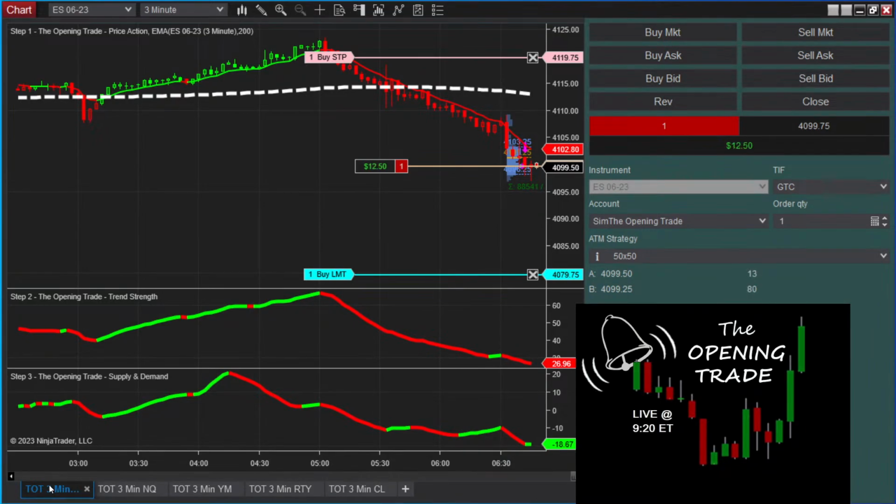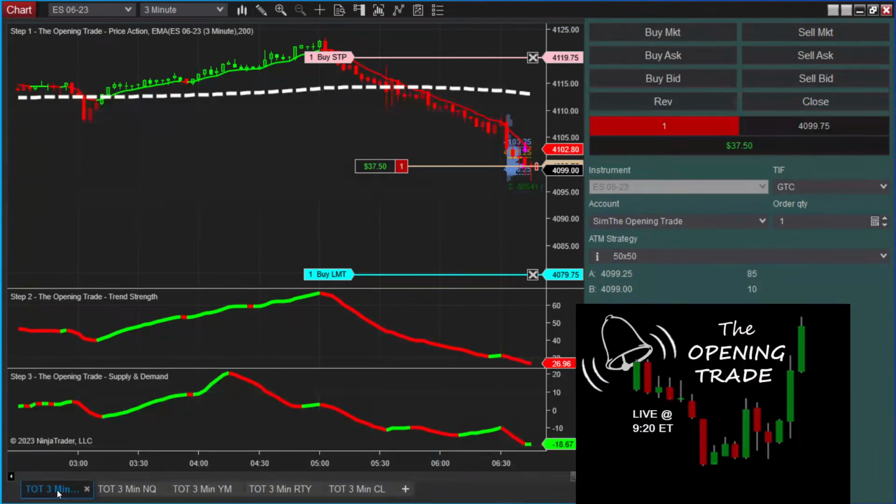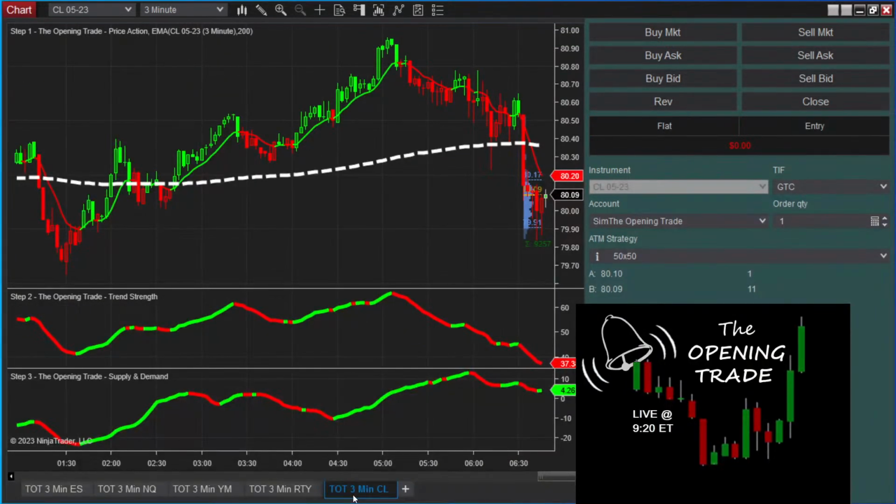Okay, so let's take a look at our automated trades here. Well, Nasdaq's not going the way we'd like it to. Maybe it'll turn around and wake up. Same with the S&P 500. All right, so crude oil got the first indicator.